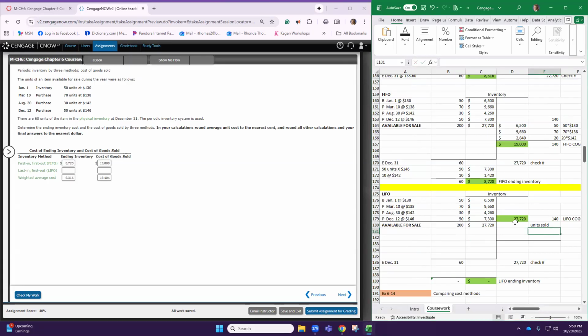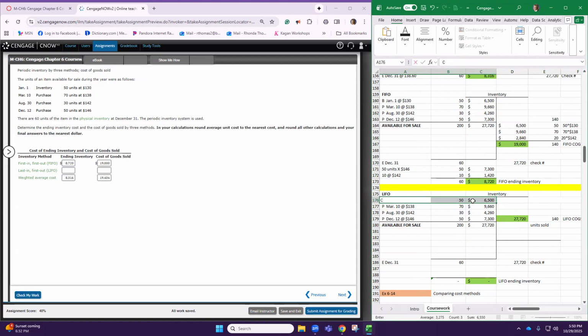So if this is last in, first out, all these items here, there are 50 of those, they're going out, 30 of those, they're going out. And this last 60 is going to be made up of all of these 50 here.